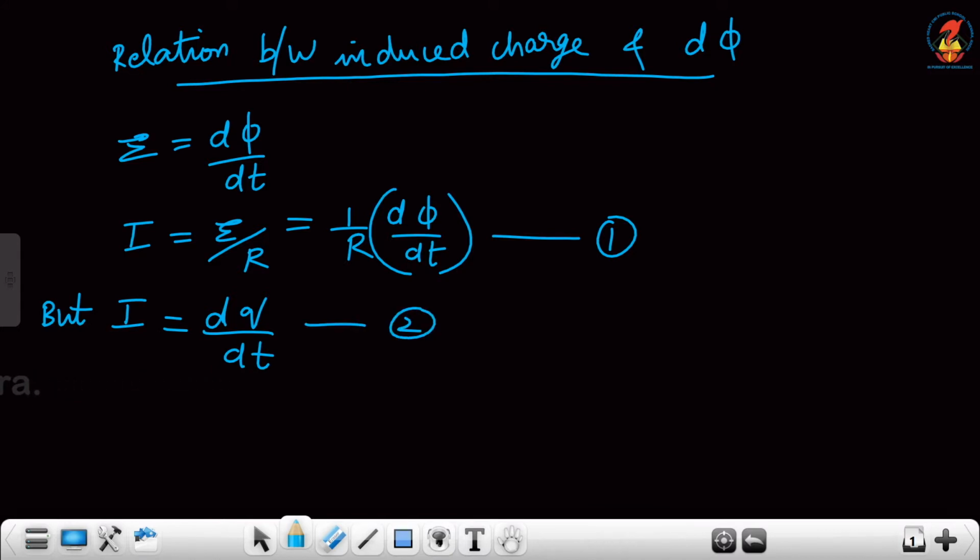So you can equate 1 and 2. dq by dt is equal to 1 by R into d phi by dt.